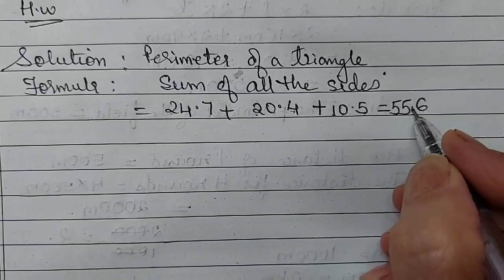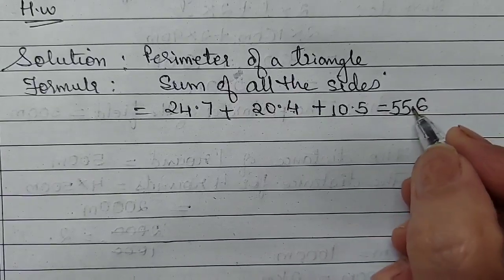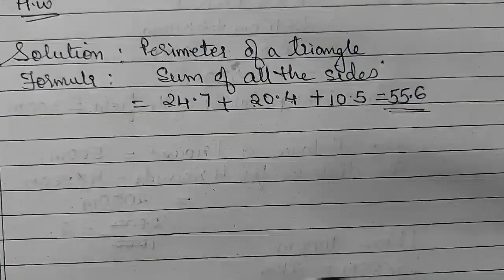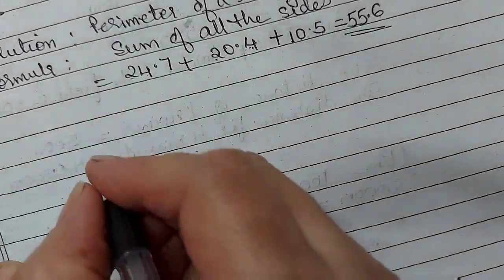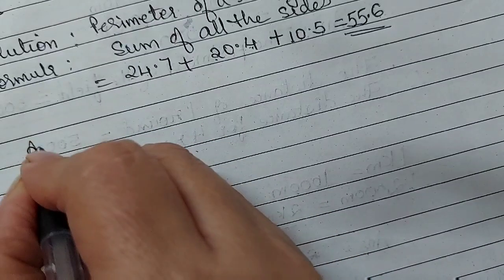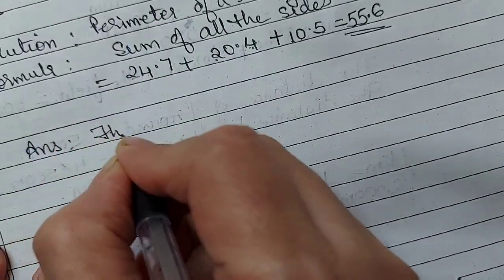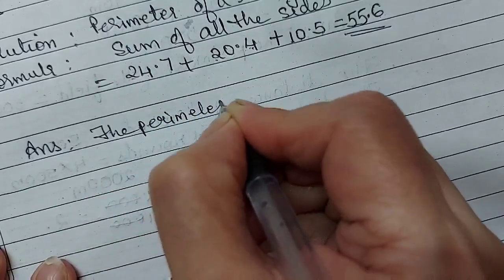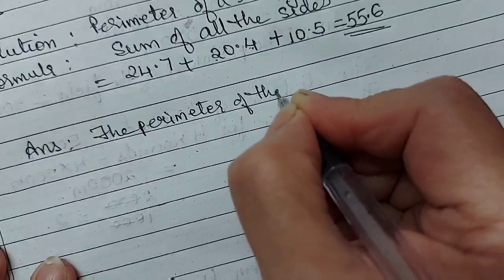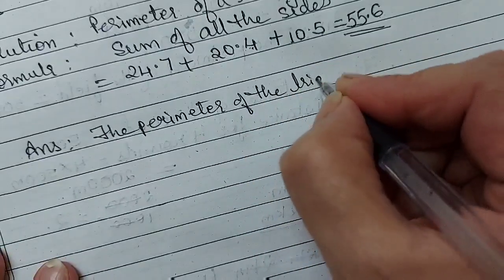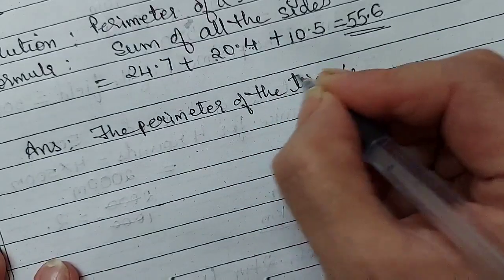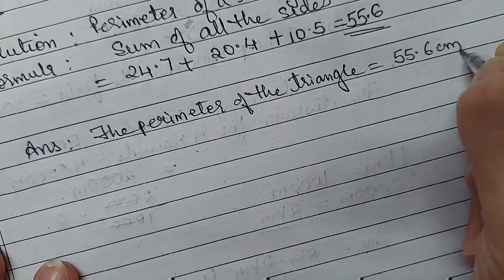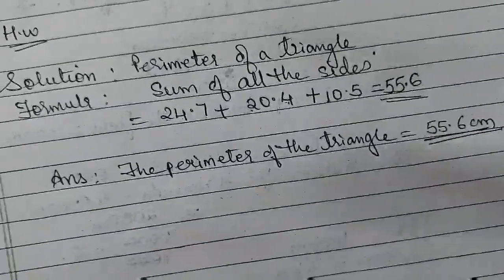So here also it will come before 1 digit. So what is your answer? 55.6 centimeters. So you have to write your final answer: the perimeter of the triangle is equals to 55.6 centimeters. Done? Understood?